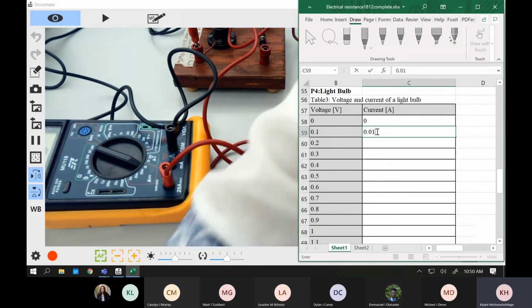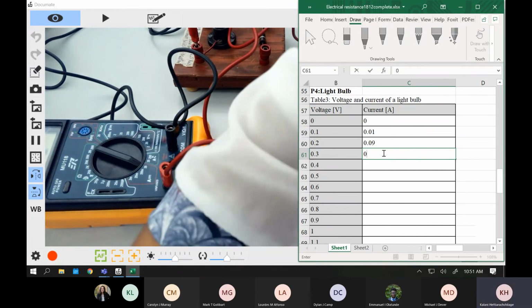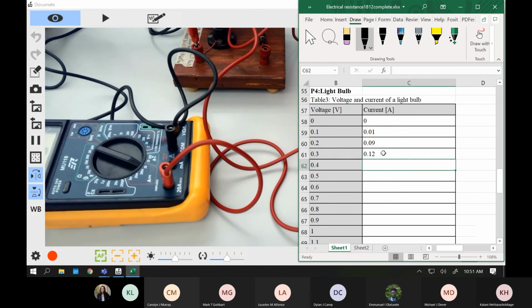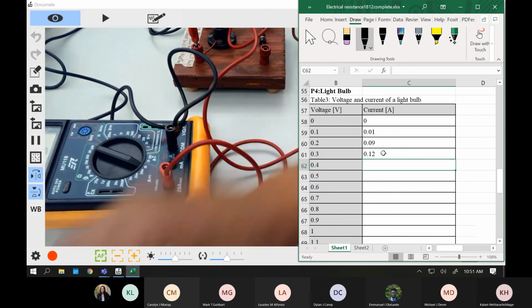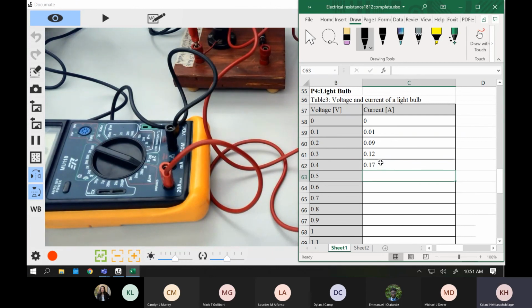Actually, this is 0.01, not 0.1, and this is 0.09. 0.12, 0.17, 0.37.